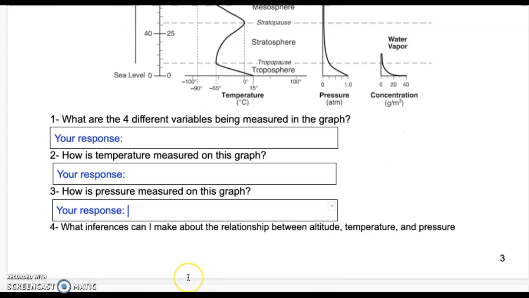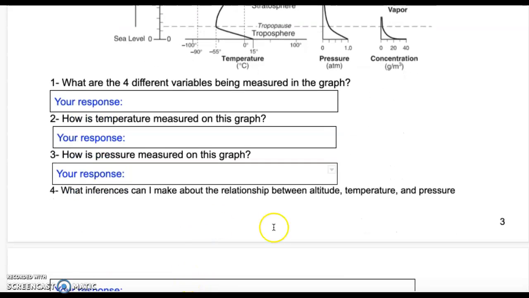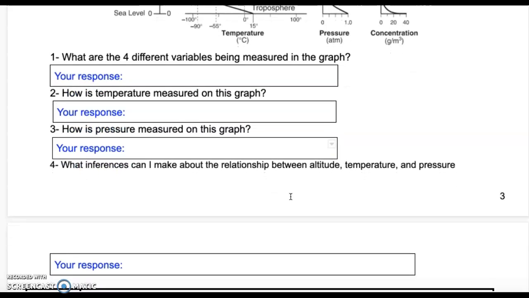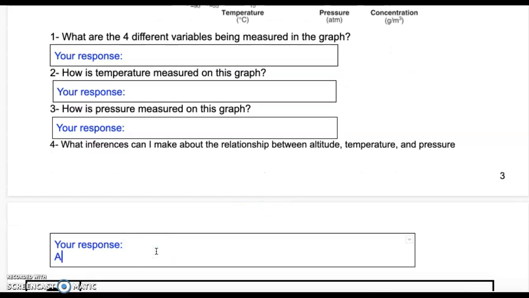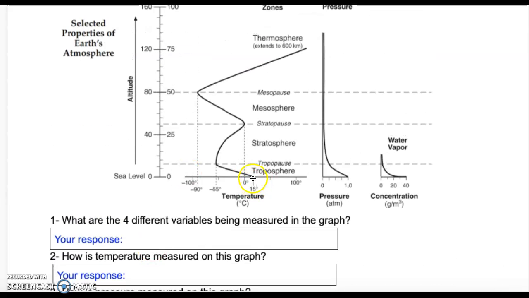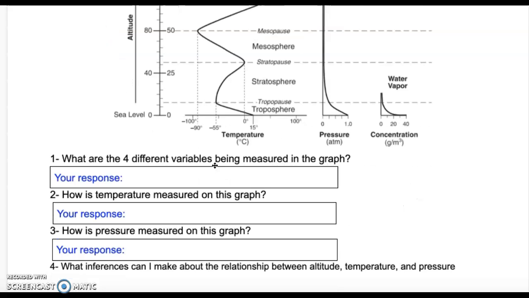Okay. What inferences can you make about the relationship between altitude, temperature, and pressure? So let's say something like, as altitude increases, what happens? Temperature increases in the troposphere.